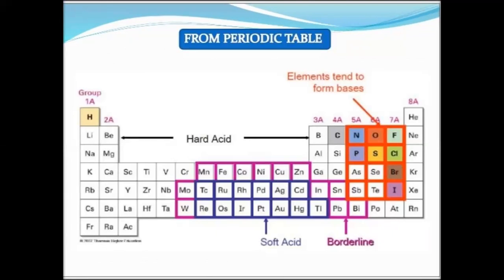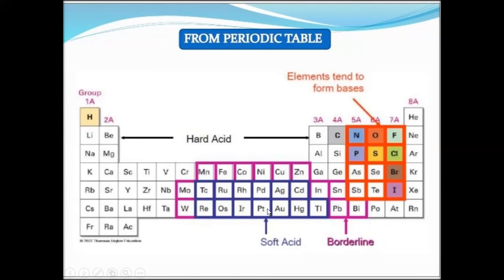In the periodic table you can notice here all these d block elements are hard acids. The beryllium, these all compounds. And to the bottom, these are the soft. The upper ones are the hard here. The violet line, you can see the border line.